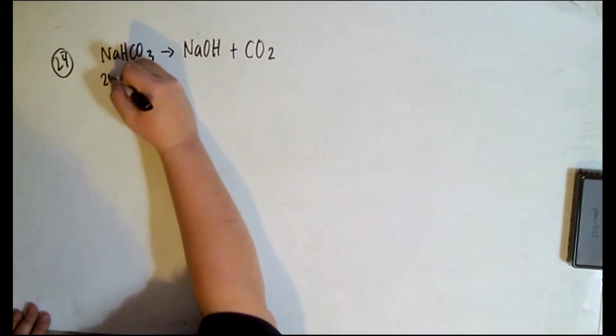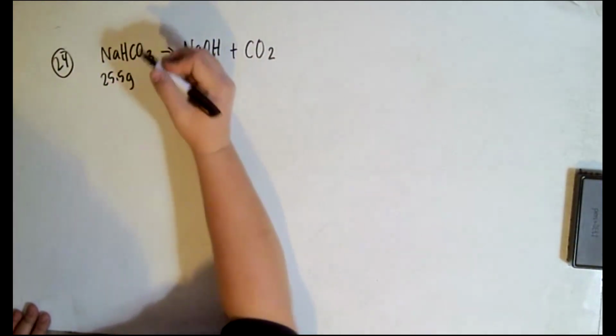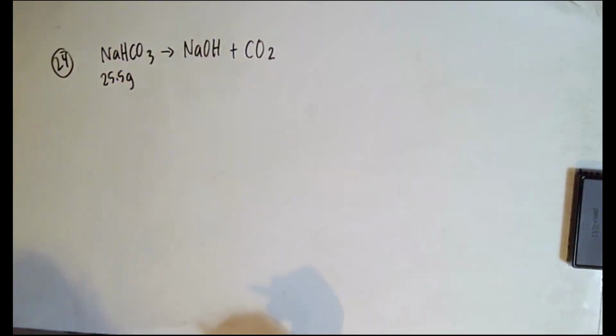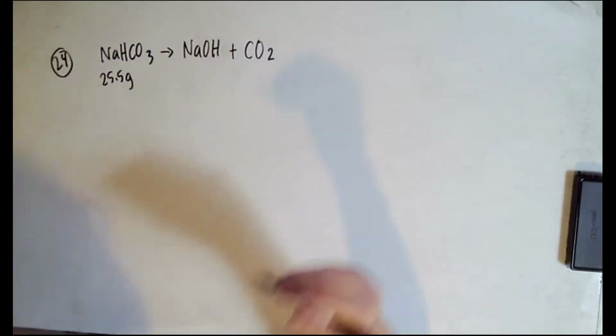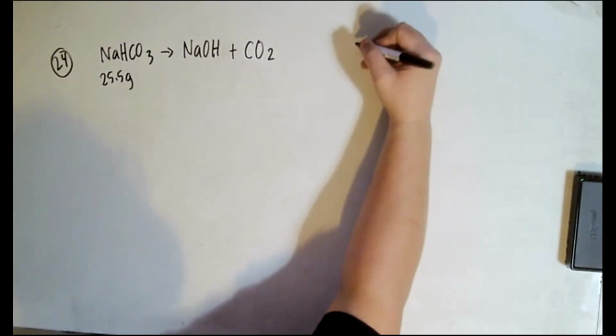They're telling us we've got 25.5 grams of this. I would say that for this problem, because we're going to be looking for mass values, it would be a good idea to get those molar masses calculated earlier rather than later so that we have them. So let's just find the molar mass values over here.